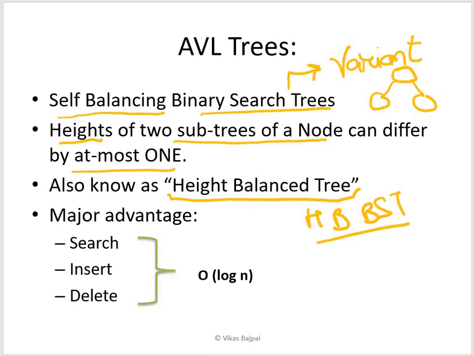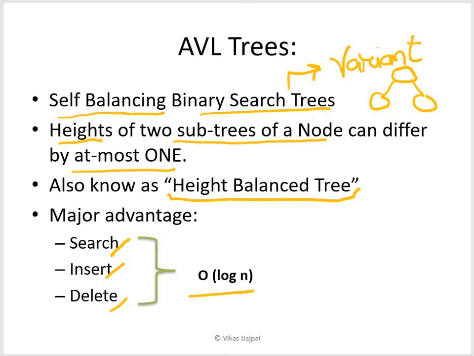Now one of the major advantages of using this BST is that all these 3 operations, which is search, insert and delete, can be performed in order log n time. That means the time complexity is order log n, right?